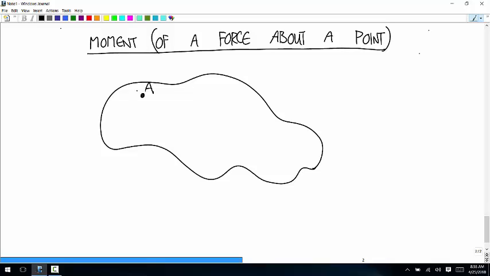What physical things? Center of mass, or for us, it's a fixed point like a hinge. And let's say that there's a force applied over here, this point P. Okay, so the force, let's say it's like this.